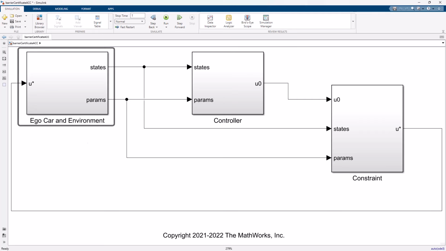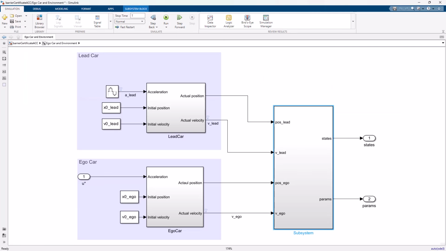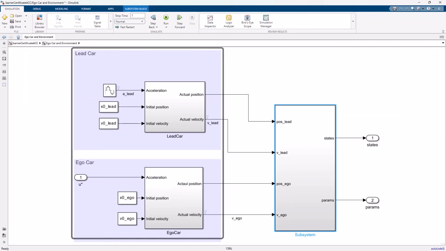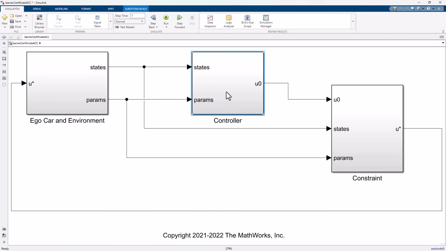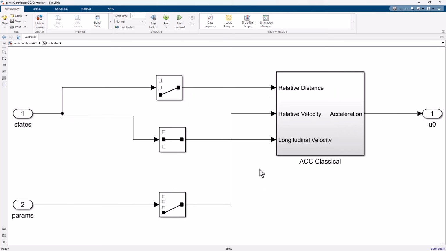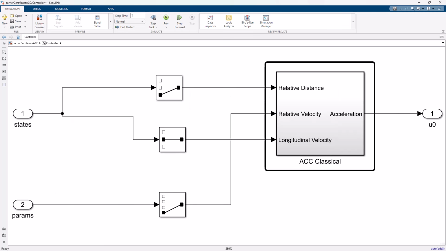In the Simulink model, we have a plant that represents the dynamics of both the ego and the lead vehicles. The controller is a standard adaptive cruise controller which takes in inputs like the relative distance and the velocities of both vehicles and computes the desired acceleration for the ego car.